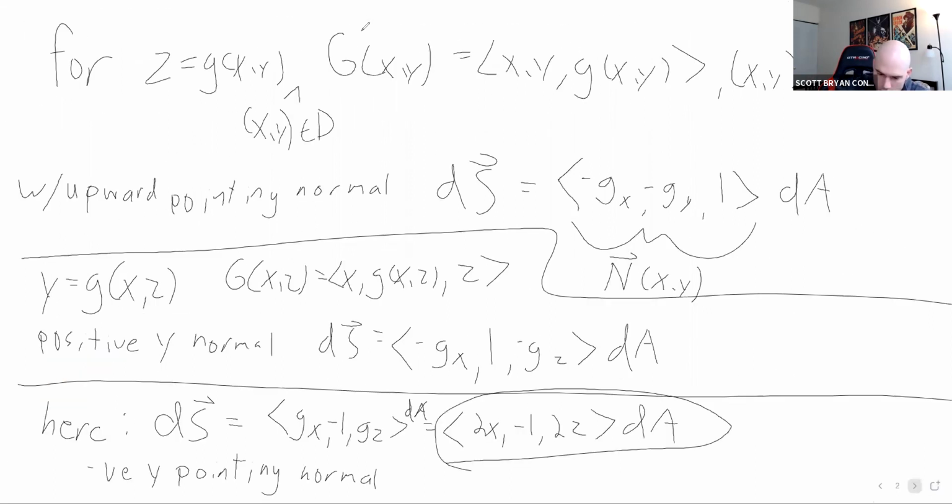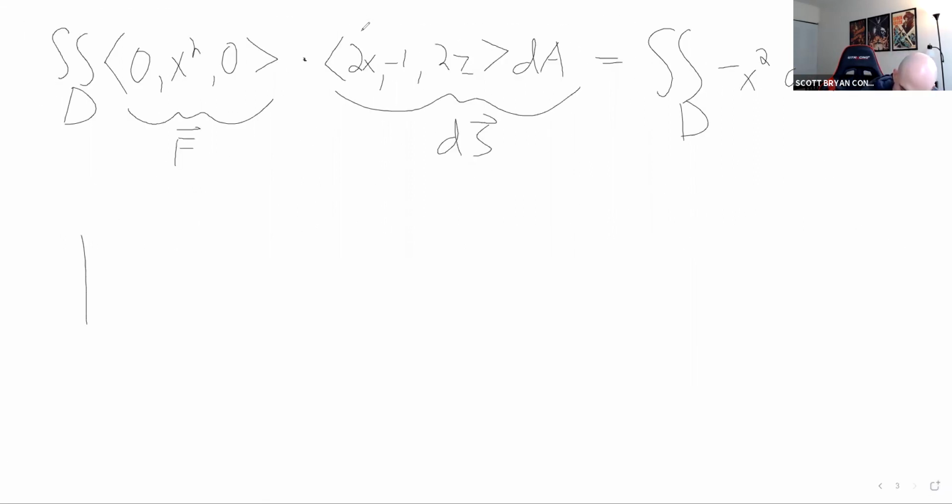Okay, so let me redraw our picture here. We need to look at the shadow of this on the xz plane. The widest part of the shadow is clearly going to happen here at y equals 5.